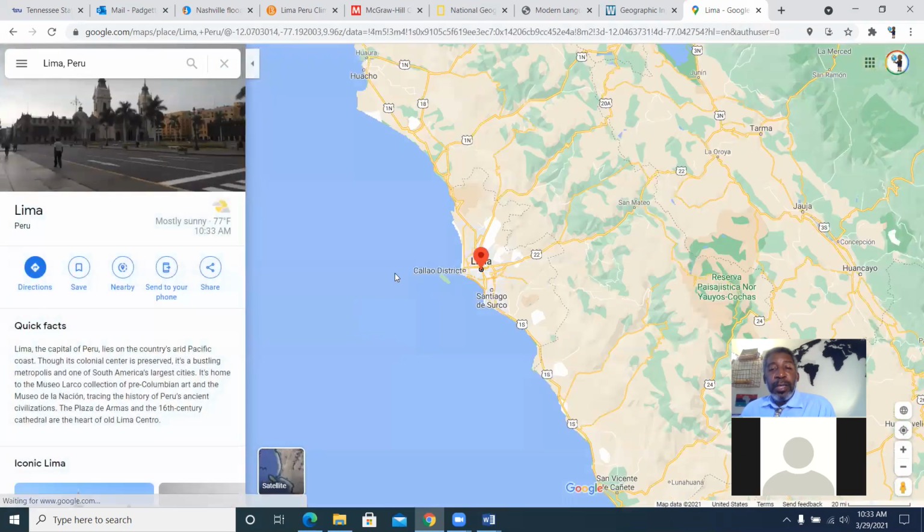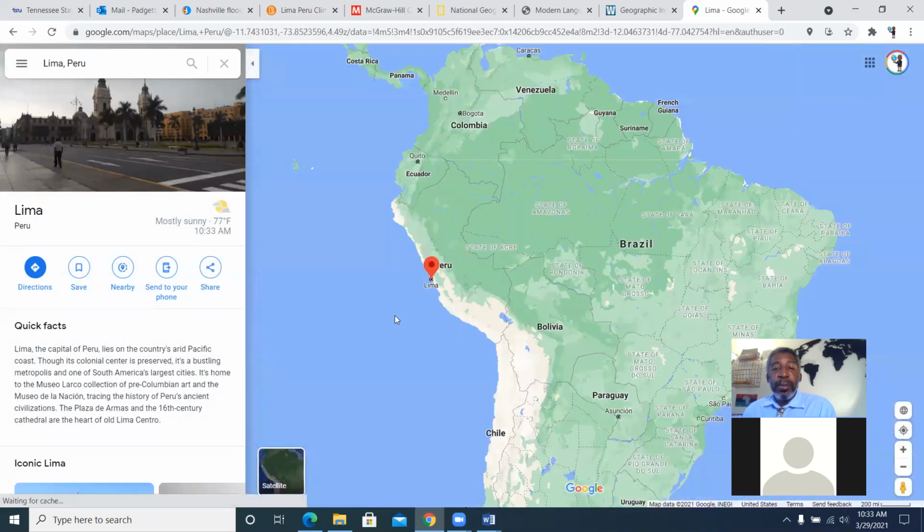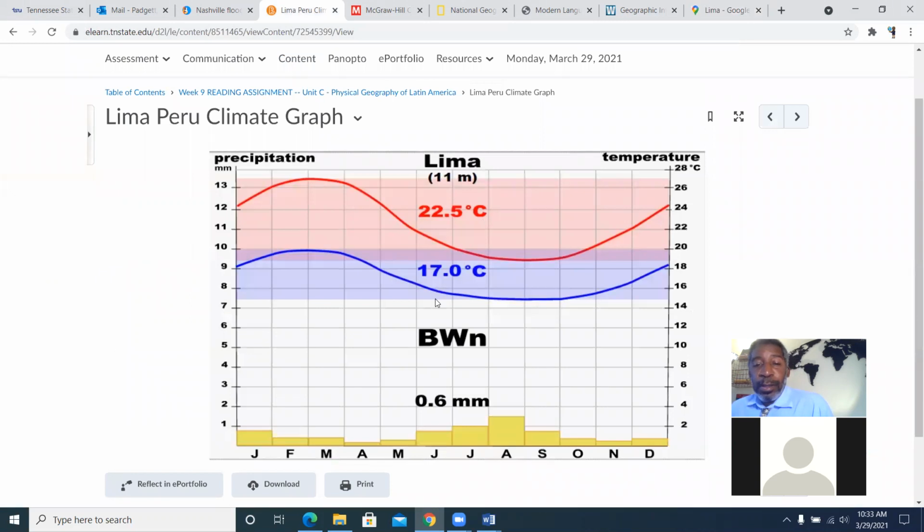Notice that Lima is on the west coast of South America. If we take a look at the climate graph for Lima, Peru, you will notice that it is of a BW climate region. Remember, B is a desert climate region.